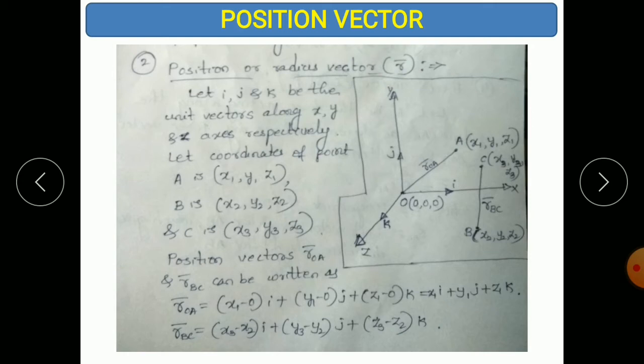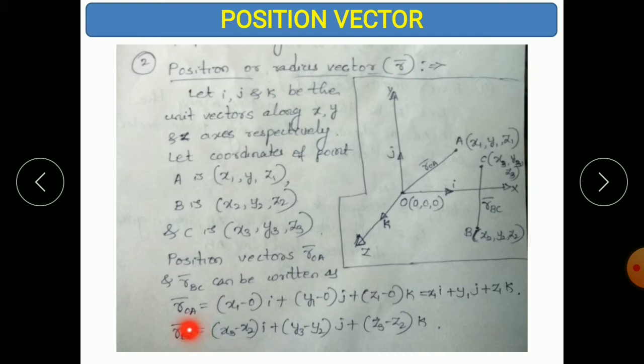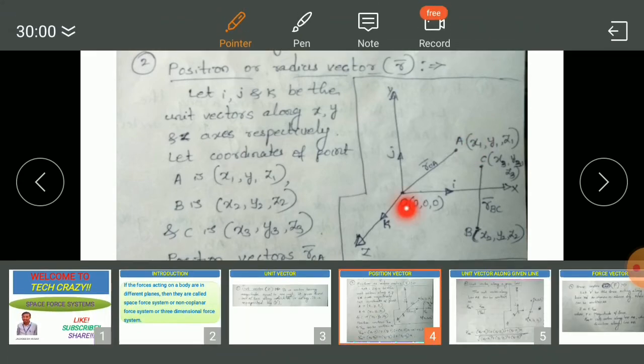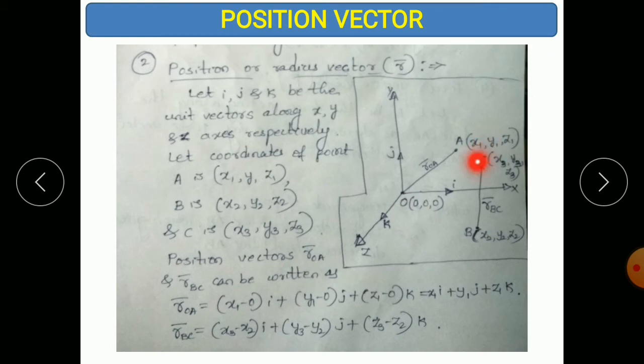Look, what is the meaning of position vector? The position vector is always denoted with respect to 2 points. The position vector of OA is denoted by r bar OA, equal to x1 minus this x value, which is 0, x1 minus 0 into i.